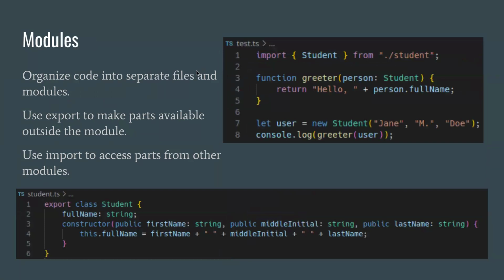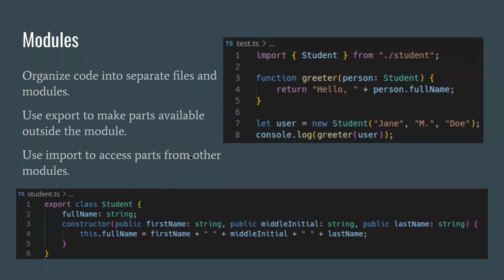Modules. So modules in TypeScript help organize code into separate units of functionality, and they are self-contained and promote better maintainability and reusability. So you can export functions, variables, classes, interfaces from one module and import them into another.